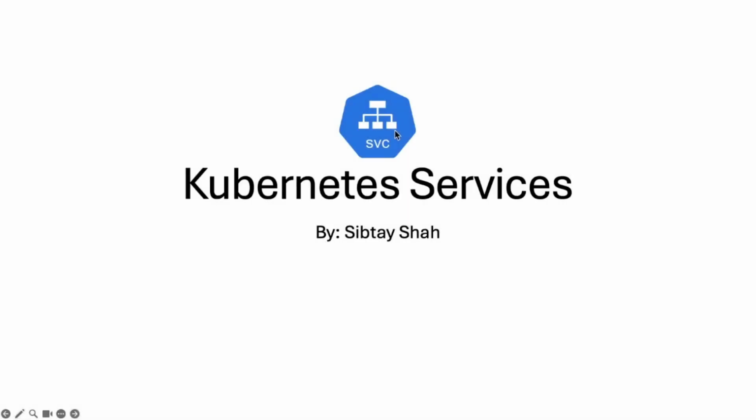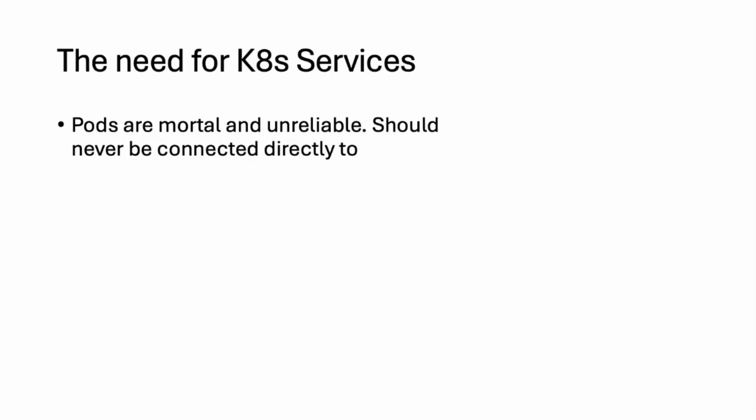In this session, we will talk about the very important concept of Kubernetes services. First, let's establish why we need services. We know that pods are designed to be unreliable, which means they can be stopped or new ones could be started at any time.